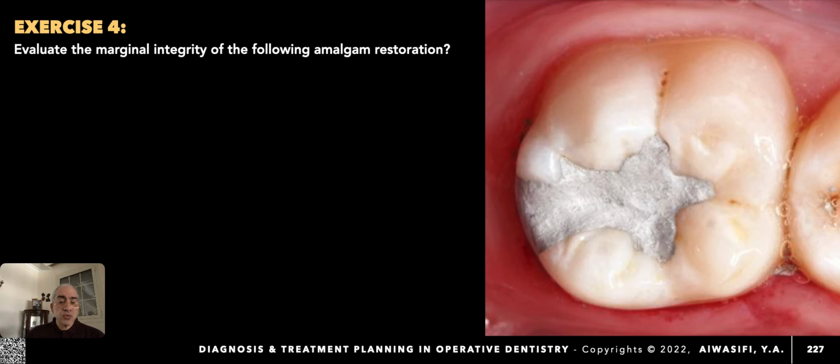For this tooth, it seems to be a nice, perfect amalgam restoration. But if you magnify or concentrate on certain areas, what about this area?